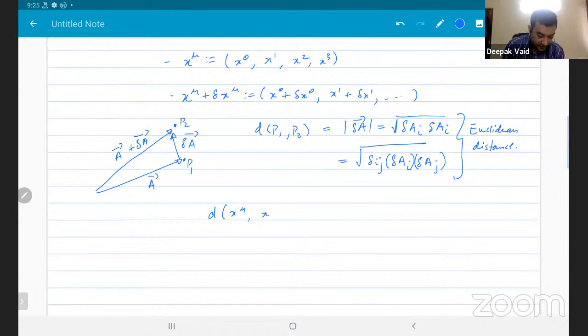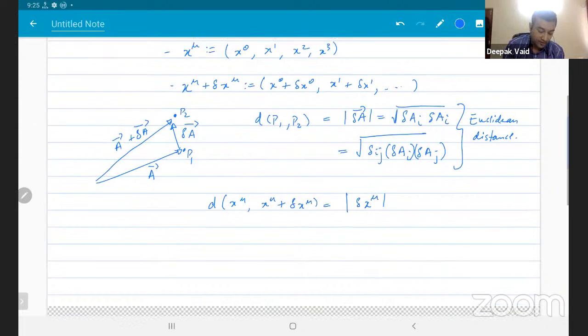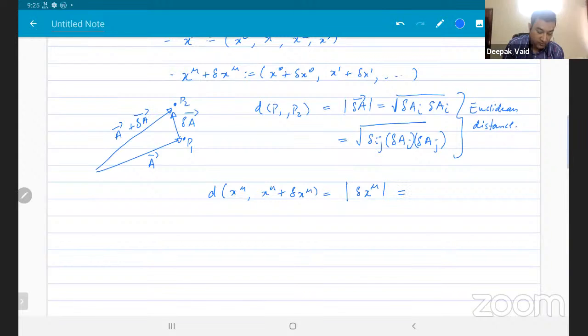I can write it like this: the distance between x mu and x mu plus delta x mu is the length of this vector delta x mu, right? And what is the length of this vector? How will I write it? I'll write it like this: delta x mu, delta x mu.